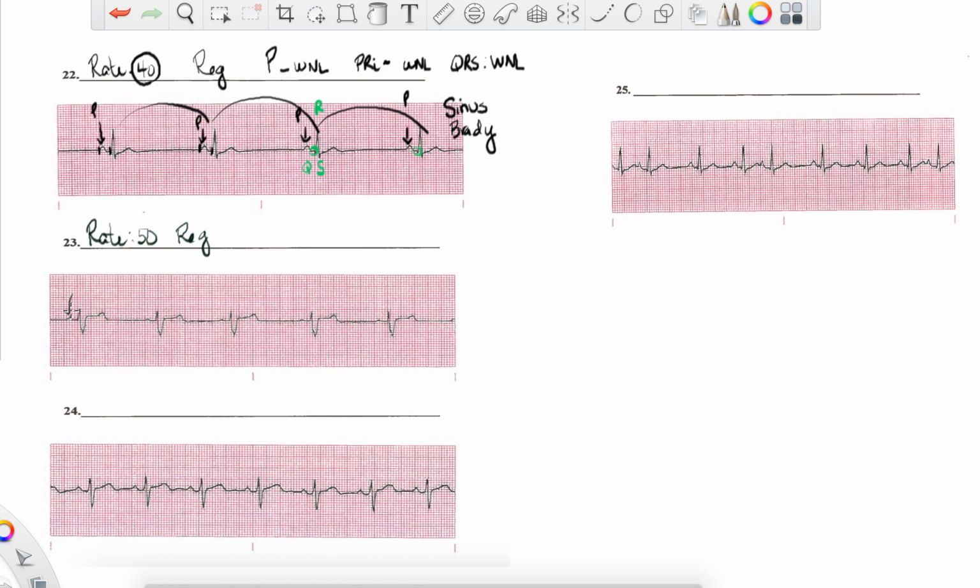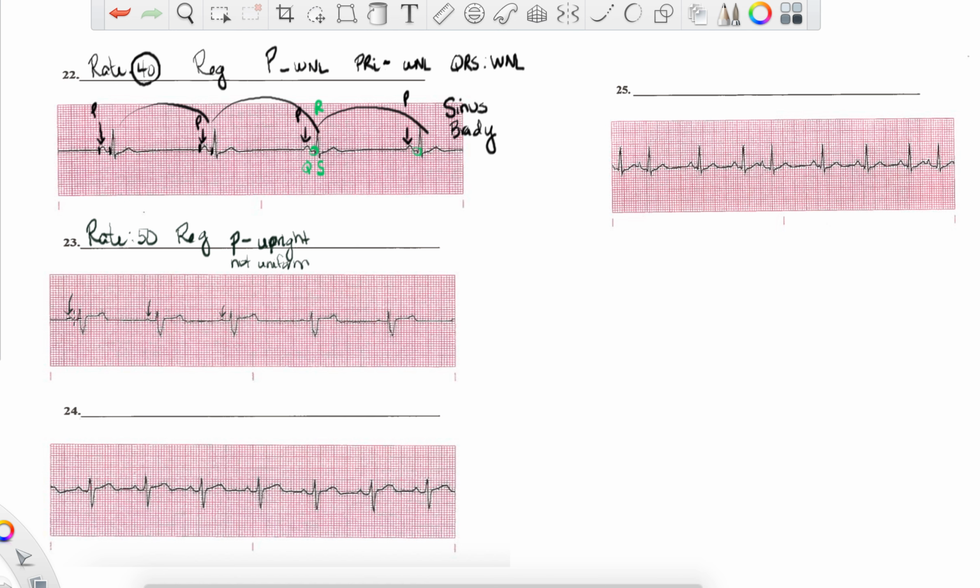There's one. And there again. But what's notable about the P waves? The P waves are upright, but they're not uniform. Let's look real closely at them, okay?